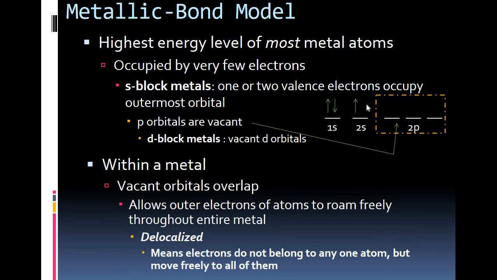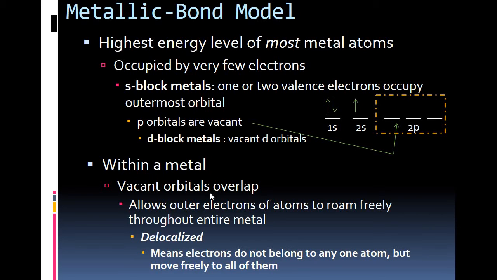And even when you get into something that's in group 2, your alkaline earth metals, you have 2 electrons. So that whole outer energy level is pretty empty. So the p orbitals are generally vacant. There's nothing there. Even when you get into the d block metals, you have empty d orbitals. So what happens is there tends to be a lot of space.